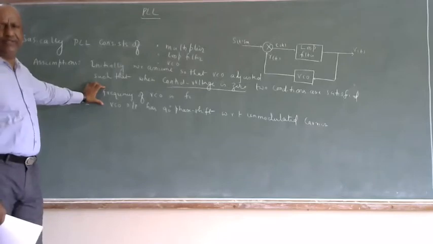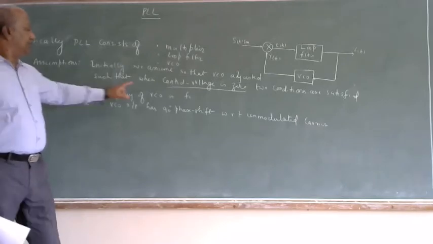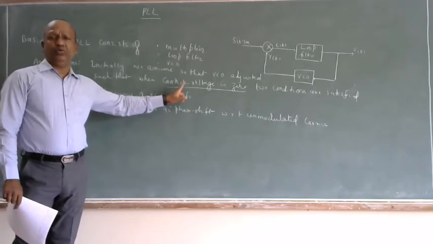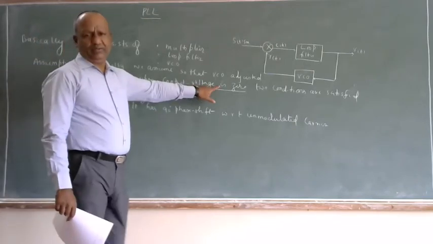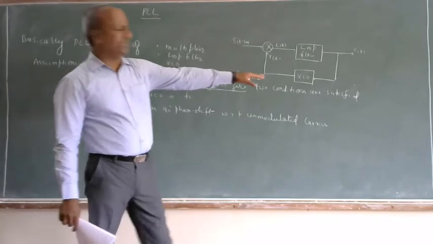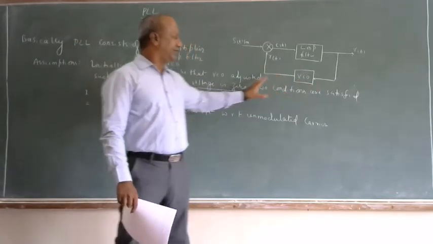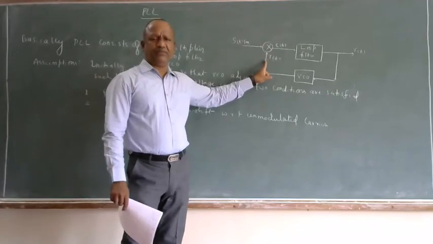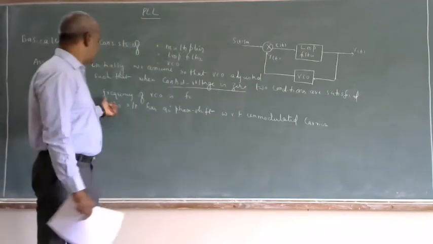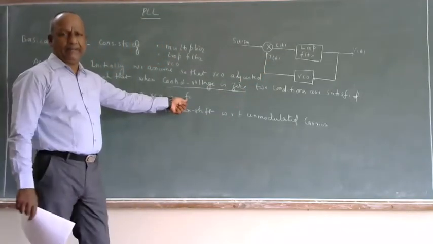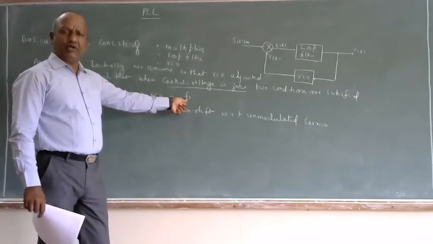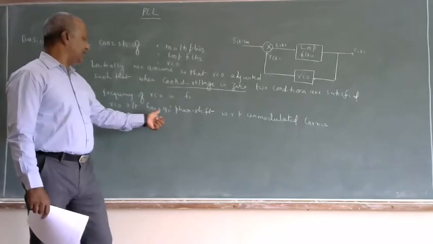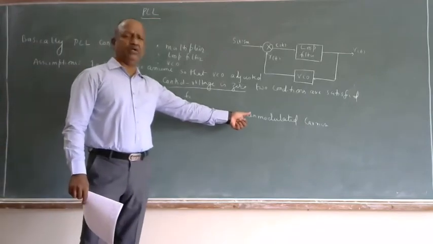The conditions are set. When the control voltage is zero, there is no control voltage as input to the VCO. Under this condition, r(t), which is the output of the VCO, has the frequency fc, which is the unmodulated carrier frequency. The second is that the VCO output has a 90-degree phase shift with respect to the unmodulated carrier.